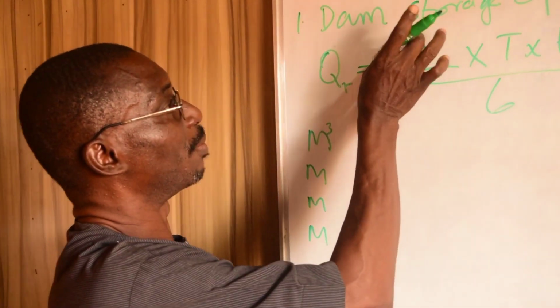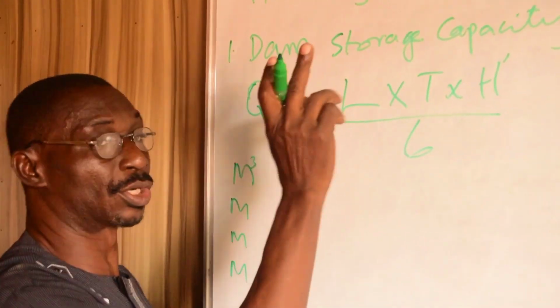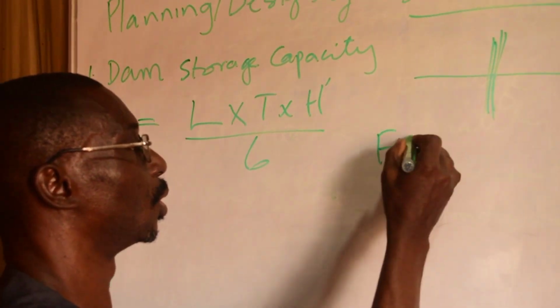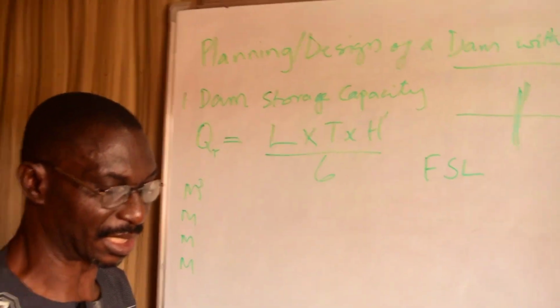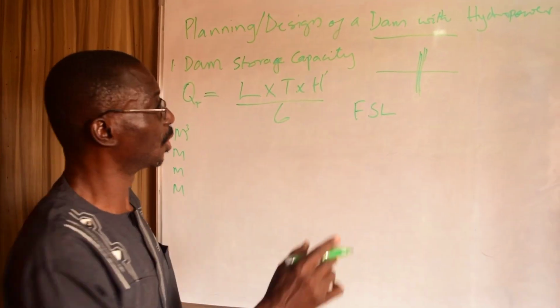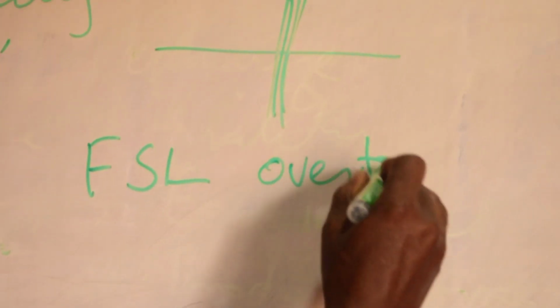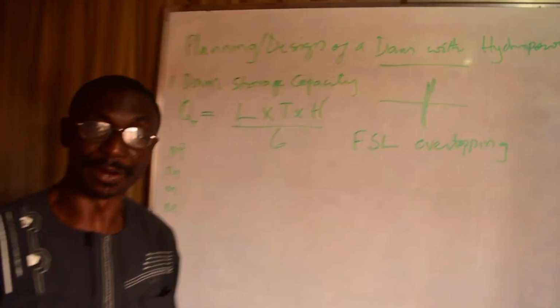Another thing we must take note of in dam storage capacity is that the capacity should be at full storage level, the full supply level, without overtopping. This is very important.